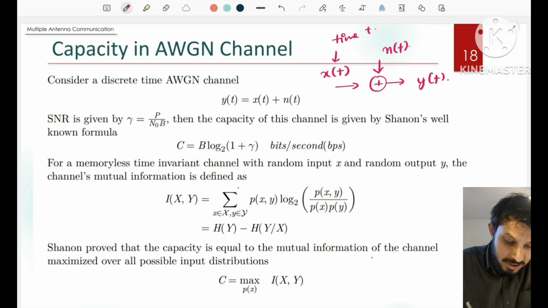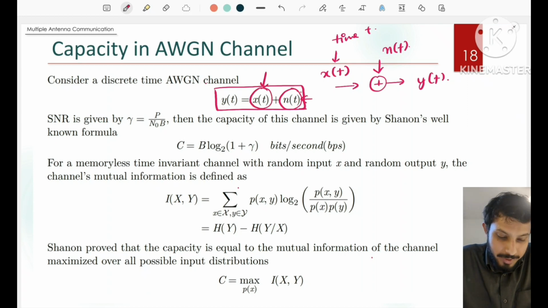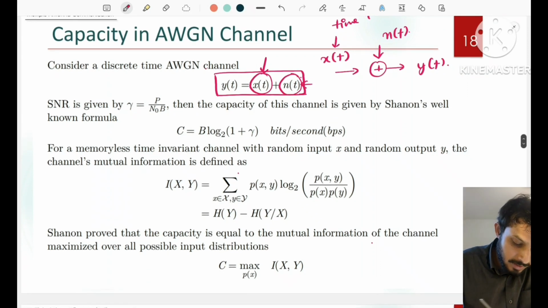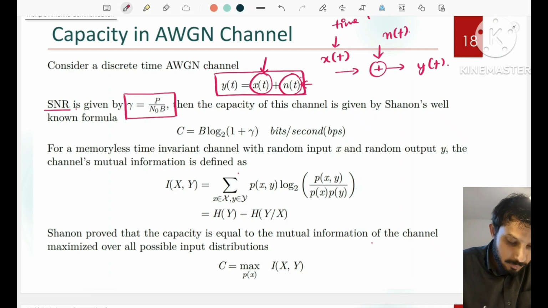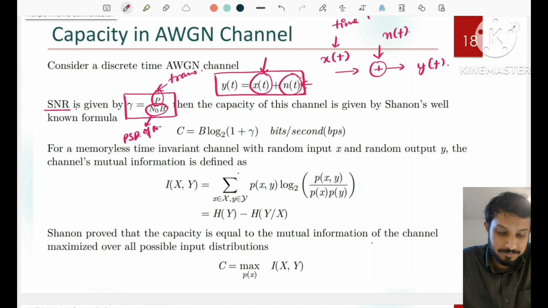So for AWGN channel we have y of t is equal to x of t plus n of t, where n of t is the Gaussian noise and x of t is the transmitted information at time t. Then signal to noise ratio is given by gamma is equal to P by N naught B, where P is the transmitted power and N naught B is the power spectral density of noise.